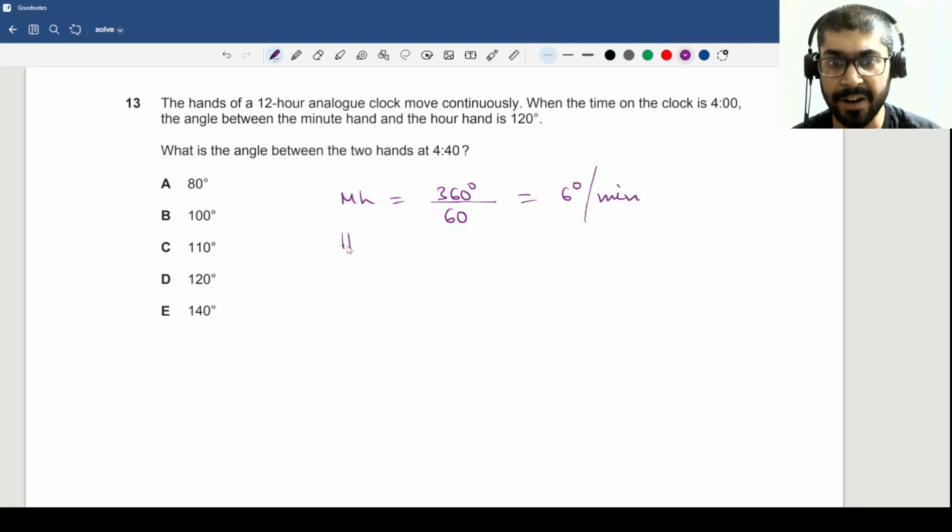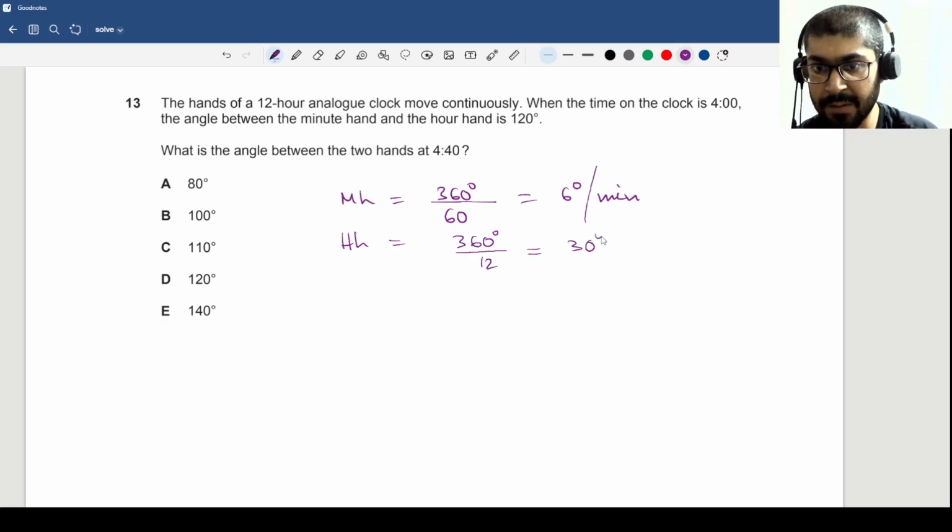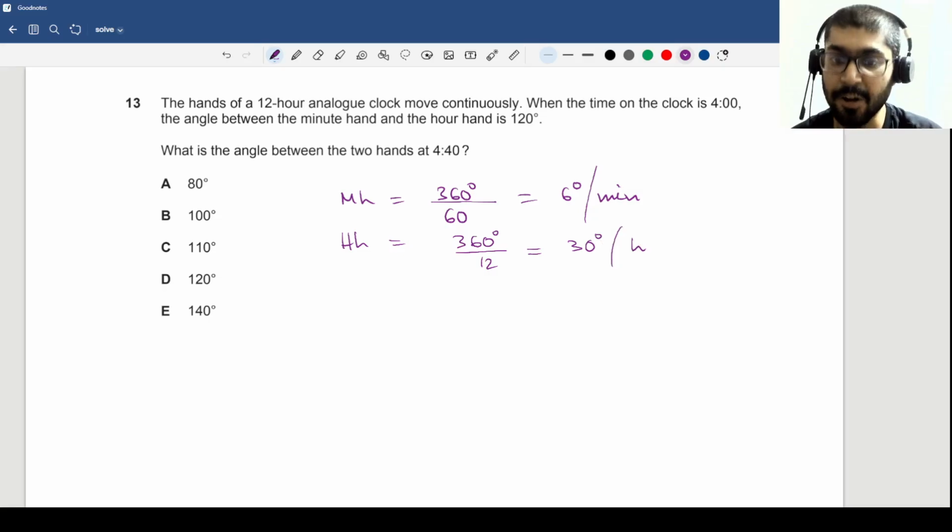What about the hour hand? The hour hand completes a 360 degree circle in 12 hours and it also moves as the minutes pass. So the speed of the hour hand would be 360 degrees divided by 12, which is basically 30 degrees per hour. And it also moves when the minutes pass, so you don't see it jumping as the hour changes, it keeps moving continuously.